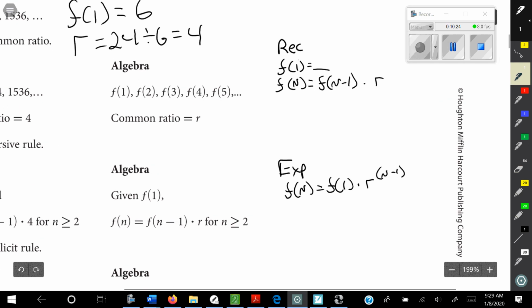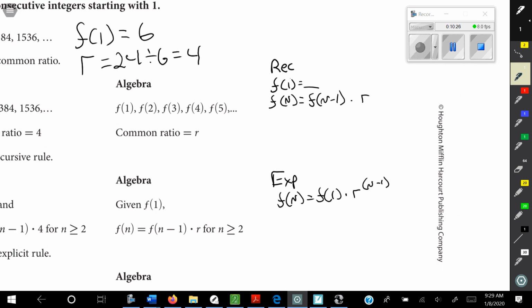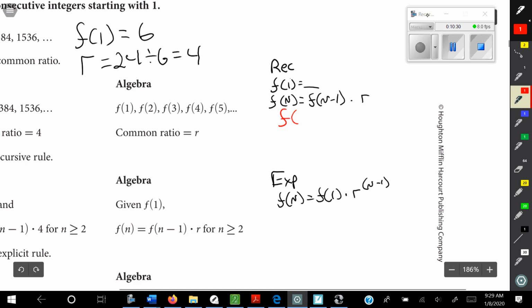So I'm going to write f of 1. I'm going to change colors. f of 1 is equal to 6. And then for the next part of the recursive rule, I'm going to say f of n is equal to f of n minus 1 times the common ratio, which in this case is 4.